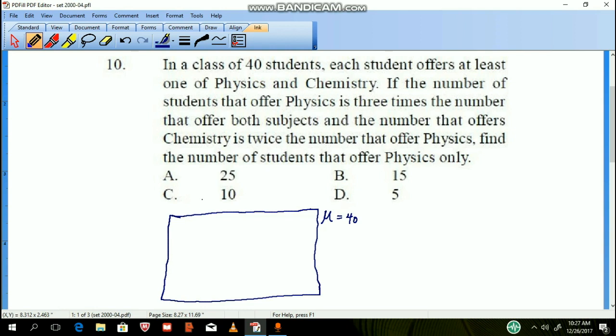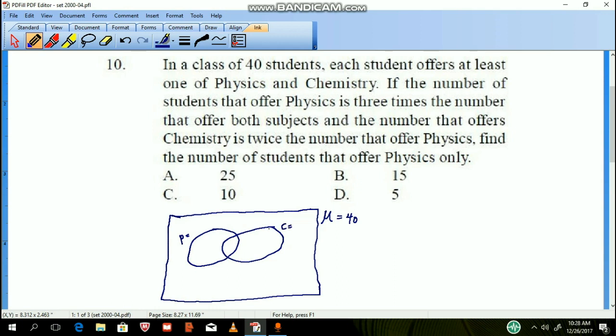If the number of students that offers physics is 3 times the number that offers both subjects, so let's have physics here and chemistry here. We know they will overlap because we have both subjects. So if you have physics here, you have chemistry here.